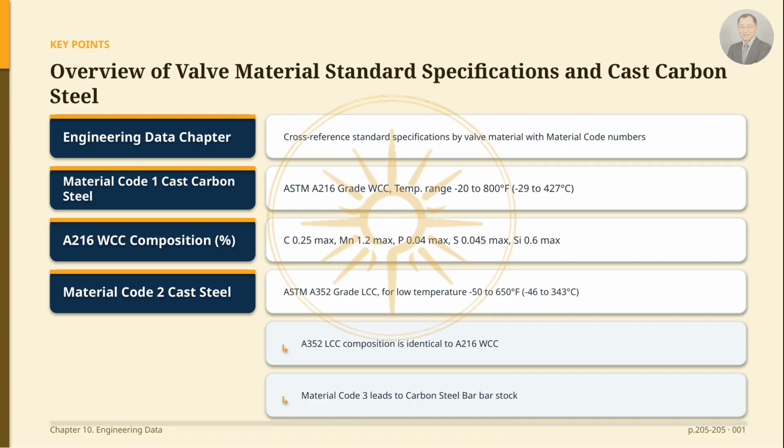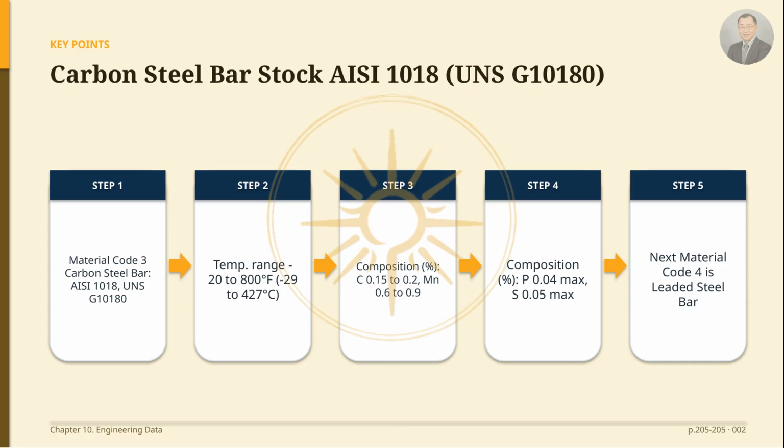Next, we move on to Material Code 3, carbon steel bar stock. Material Code 3 is carbon steel bar stock, AISI 1118, UNS G10180. The operating temperature is the same as the cast steel mentioned before, from -20 degrees Fahrenheit to 800 degrees Fahrenheit, or -29 degrees Celsius to 427 degrees Celsius.